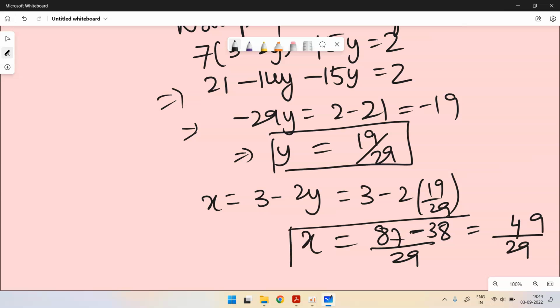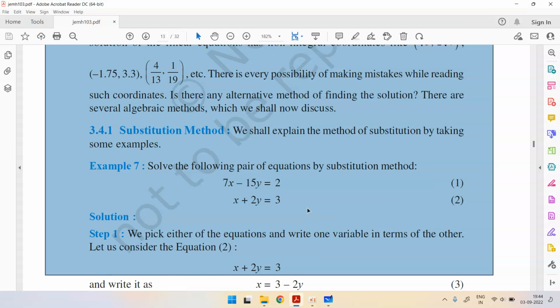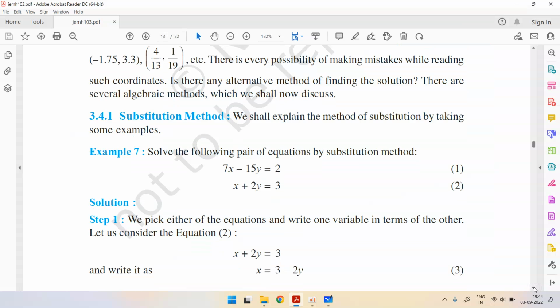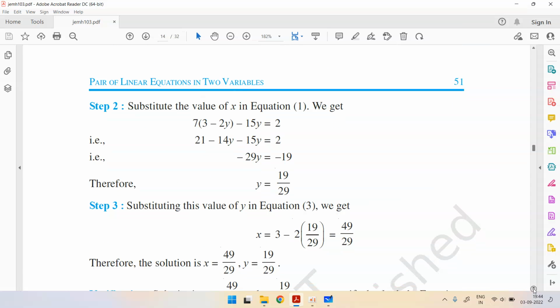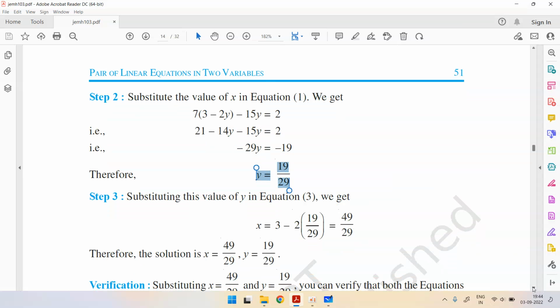The value of x is 49 by 29. The value of y is 19 by 29. This is by substituting the values of x and y. This was the answer.